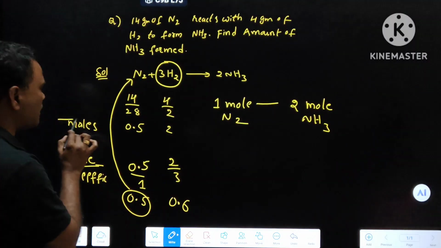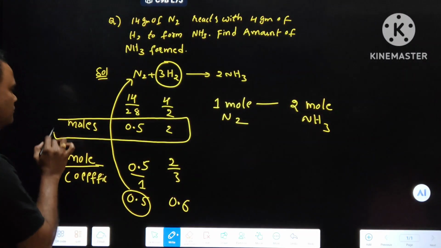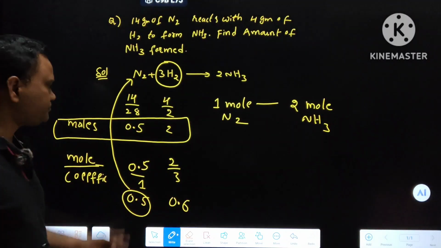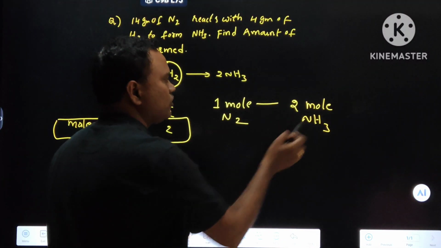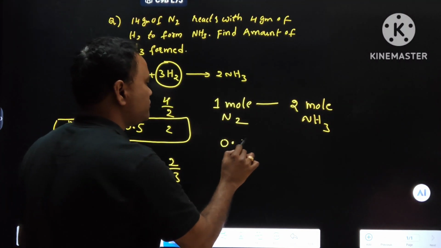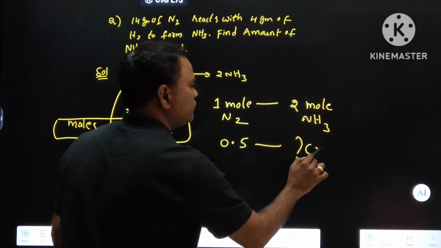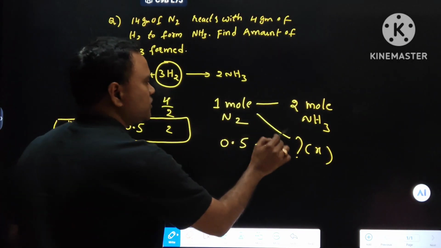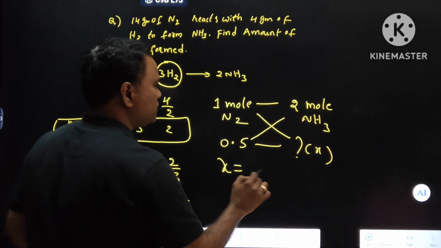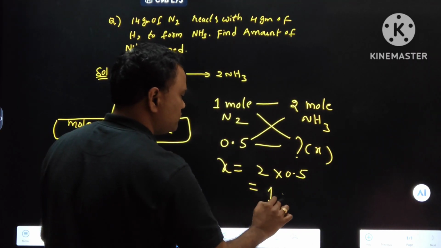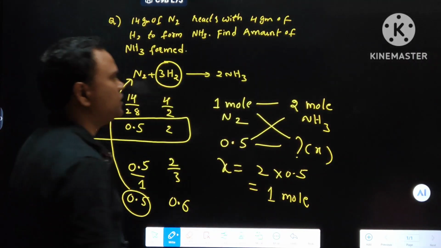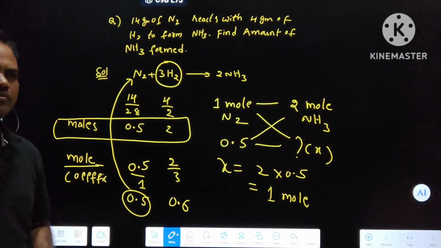We calculated moles already. This is the moles column. 0.5 moles will give how many? 1 mole gives 2, 0.5 gives x. Cross multiplication: x is equal to 2 into 0.5, that is 1 mole. 1 mole of ammonia is produced in the reaction.